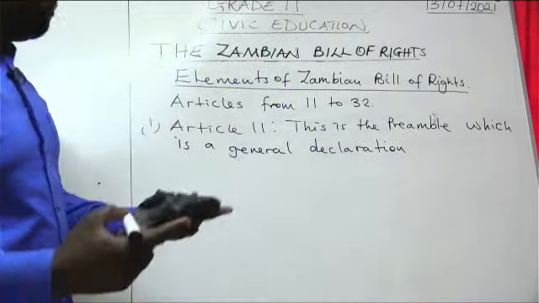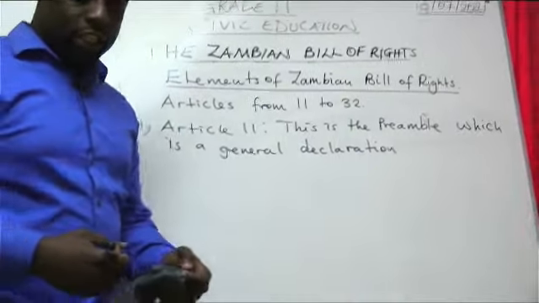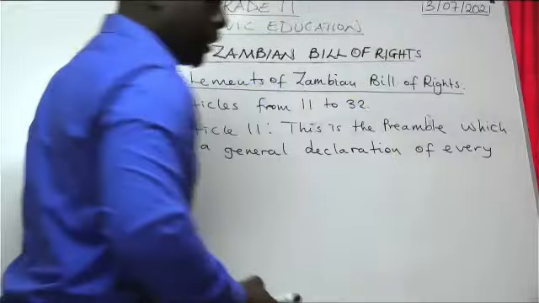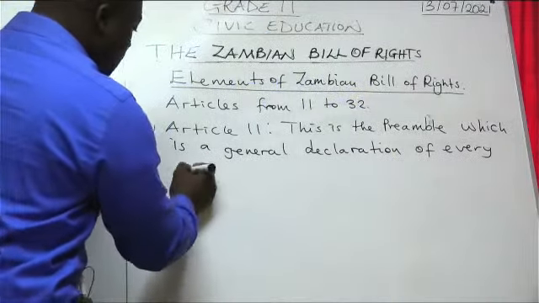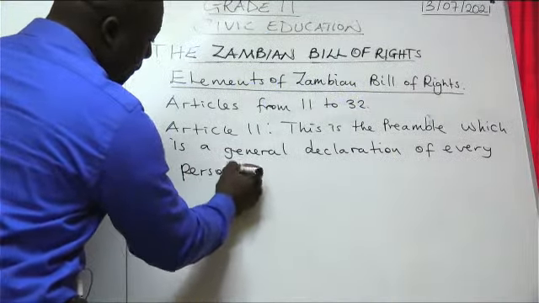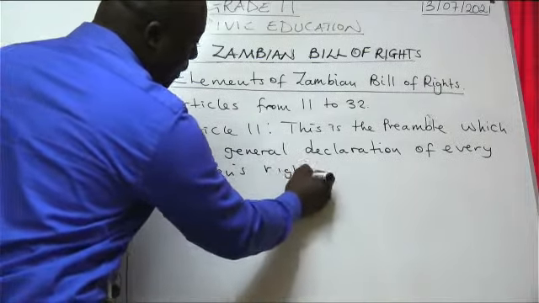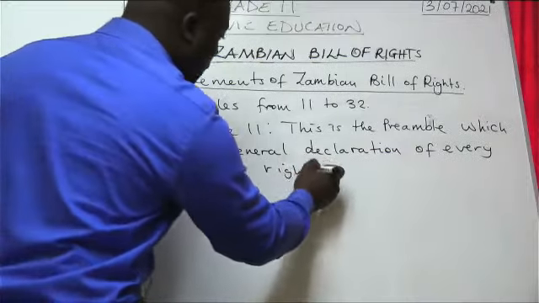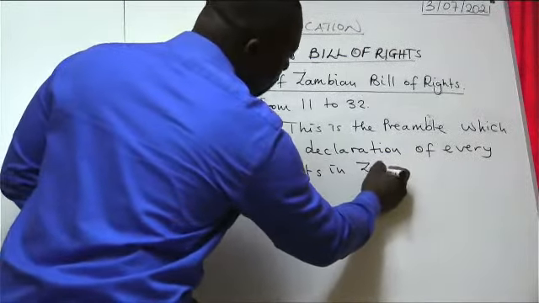This is the preamble, which is a general declaration of every person's rights in Zambia.